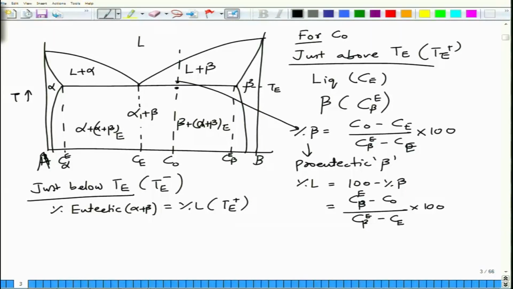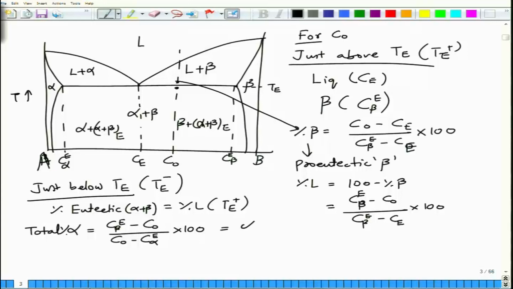However, if you want to find out the total alpha, it is given now not with respect to eutectic composition, but with respect to the alpha and beta solid solubility. So total percentage alpha is C beta E minus C naught divided by C beta E minus C alpha E. This is total alpha into 100.